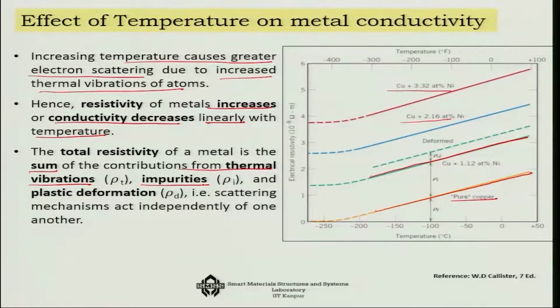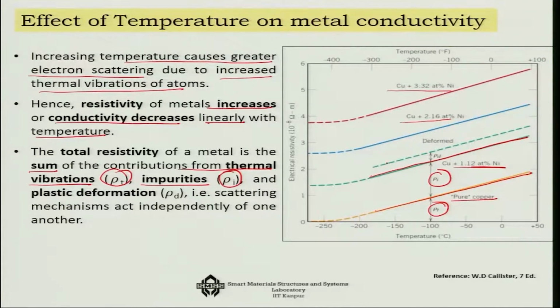So, as I increase the temperature, there is a thermal vibration contribution, that is the rho T part of it, and also there is the effect of the impurities, like in copper I am adding 1.12% nickel. That is the rho I part of it, the impurity part. Also there is plastic deformation, rho D sometimes.